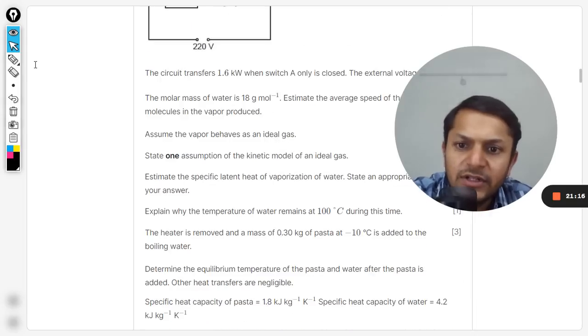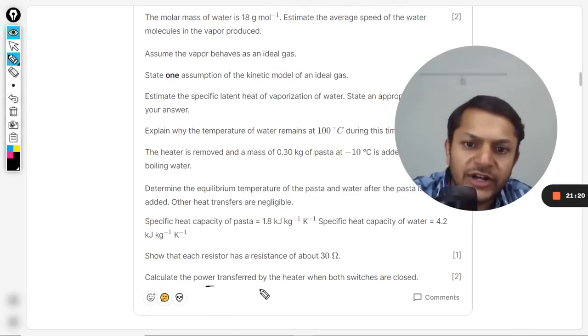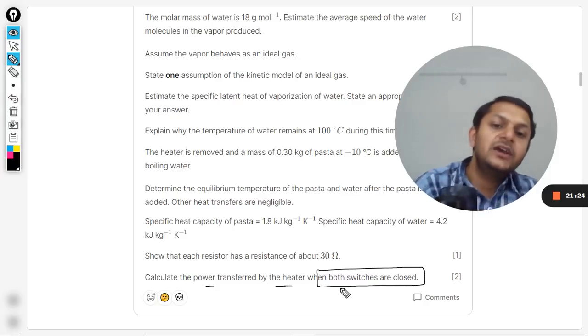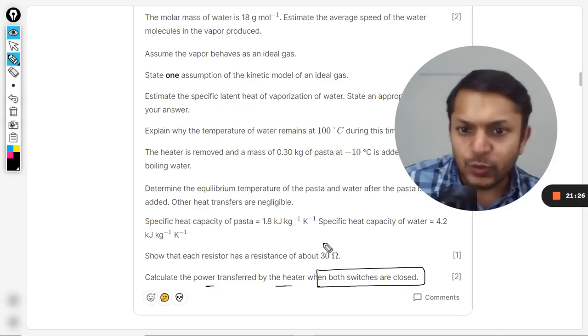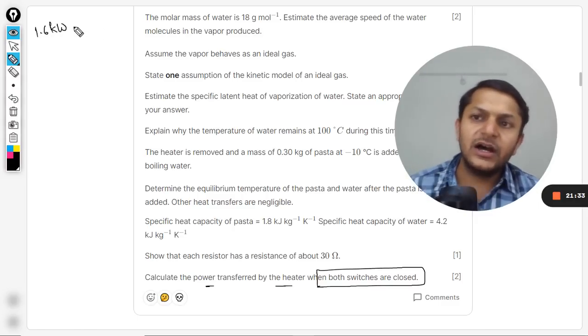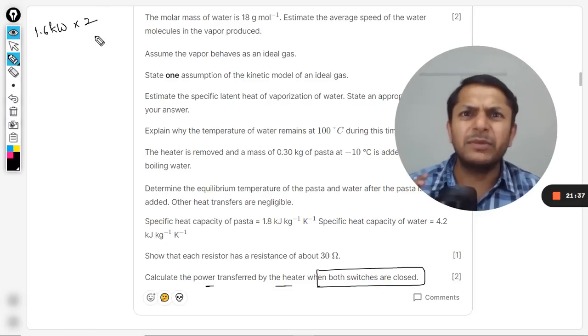Question number 7. Okay, where are you? Calculate the power transferred by the heater when both switches are closed. So when both switches are closed, what is the power output? Power is like 1.6 kilowatt for one, and if both of the heaters are working, clearly it will be multiplied by 2.